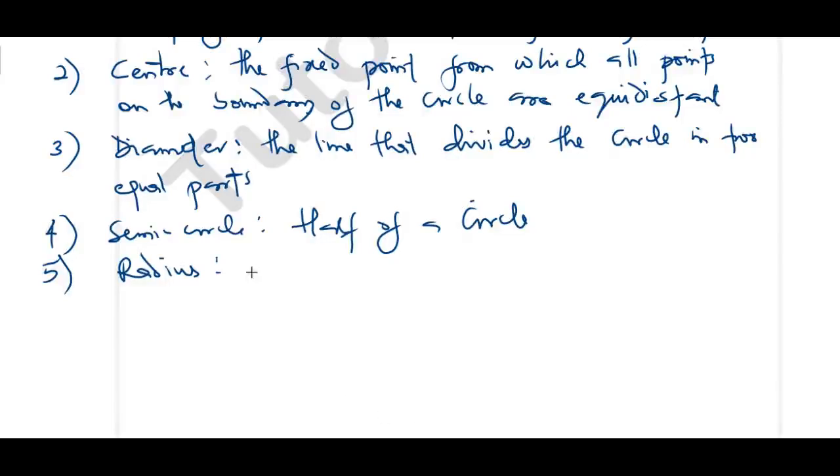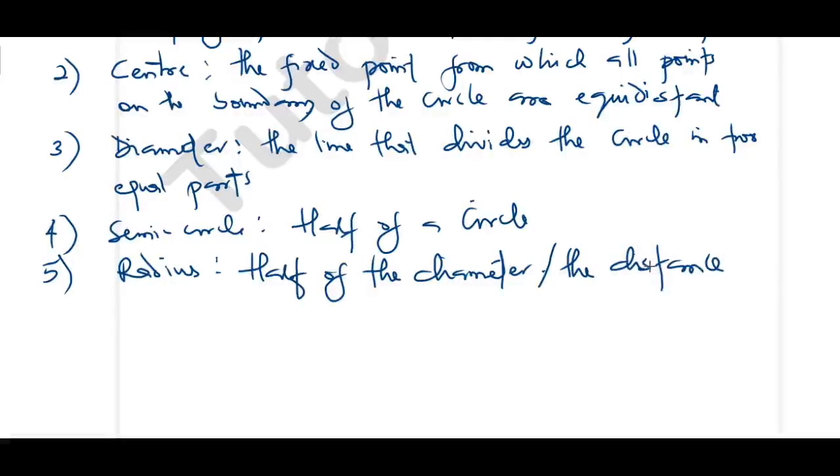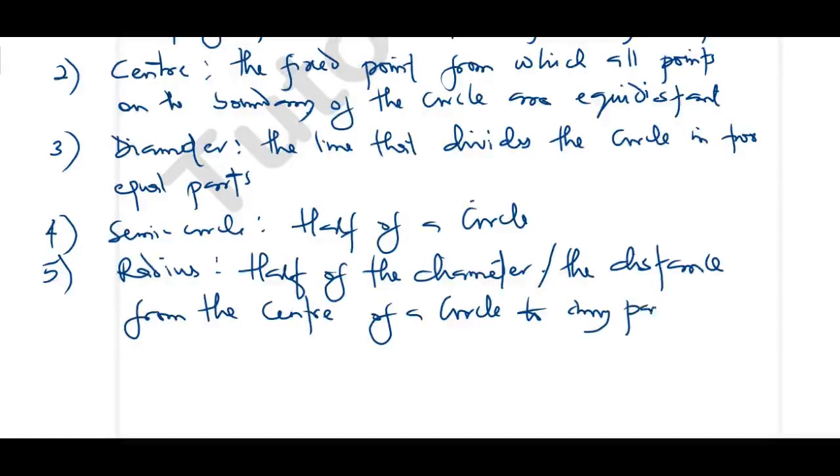Radius simply is half of the diameter, or the distance from the center of a circle to any part of the circumference.